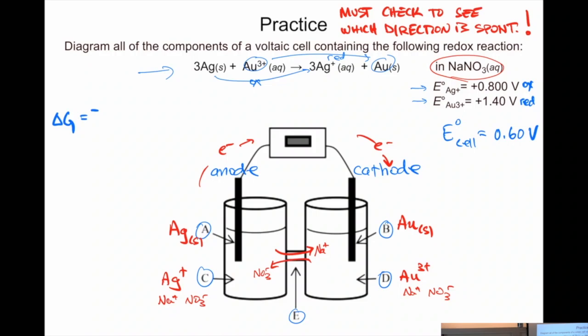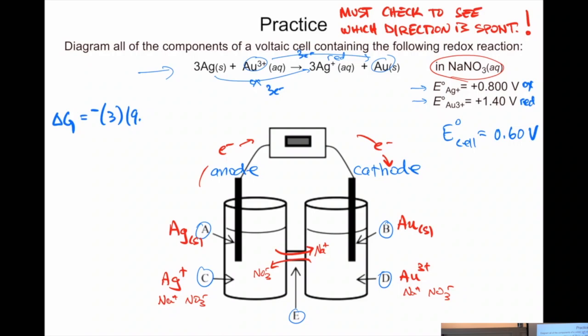We have 3 silvers go to 3 silver pluses. That means 3 electrons were transferred here. And 1 gold 3 plus goes to 1 gold solid. That's also 3 electrons.